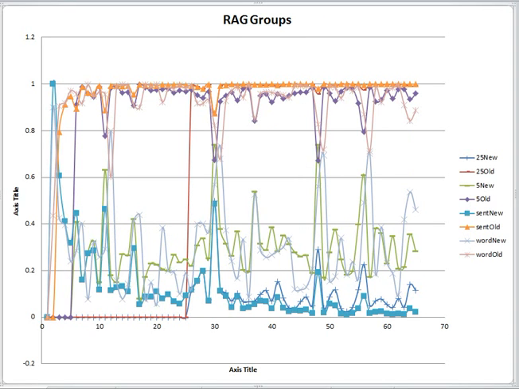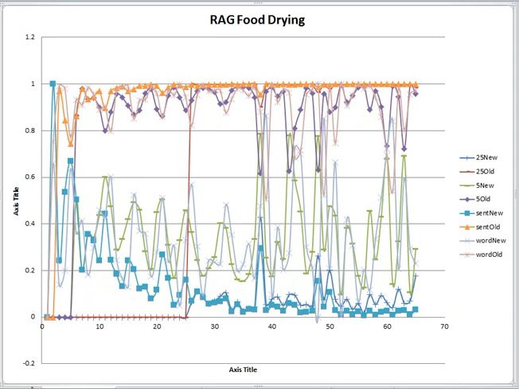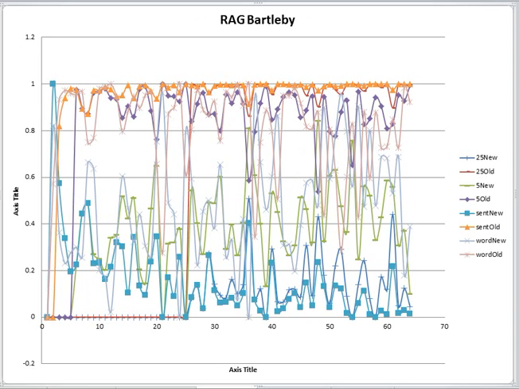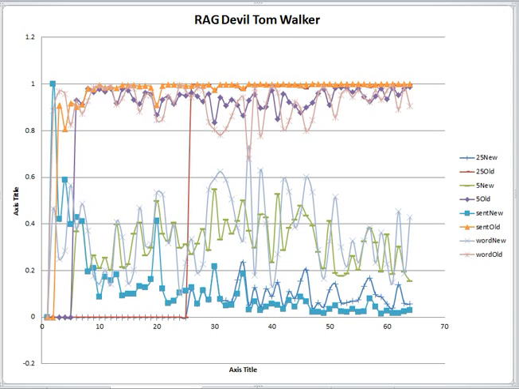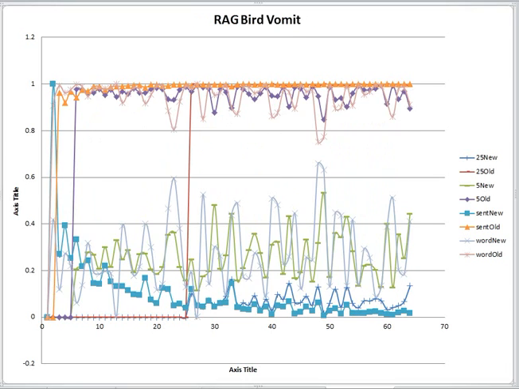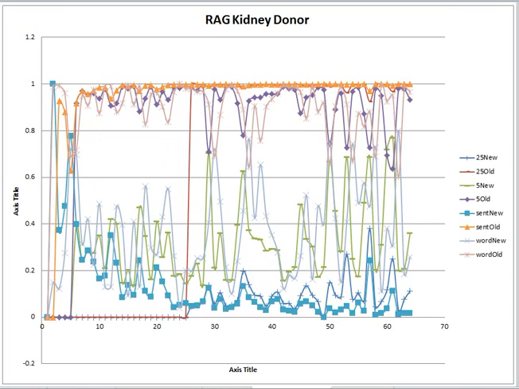Groups, RAG, reading cross-genre groups, and food drying. You can see there's a pretty big difference there. This is some fictional thing, another fictional thing, Bartleby the Scrivener. Fiction 1, fiction 2, right? Kidney donor, bird vomit, right? So you can see that there's variability here.